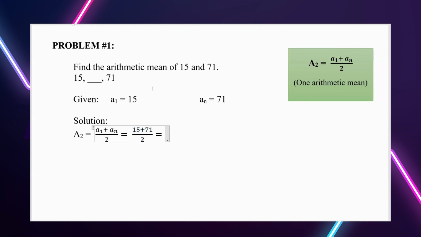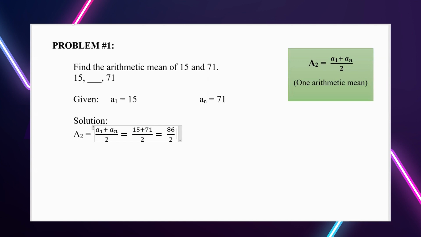Now, let us get the sum of 15 and 71. 15 plus 71 is equal to 86, all over 2. Now, let us divide 86 by 2.